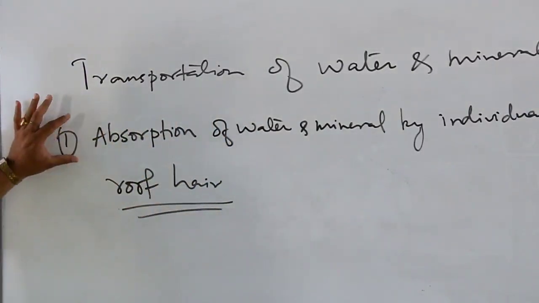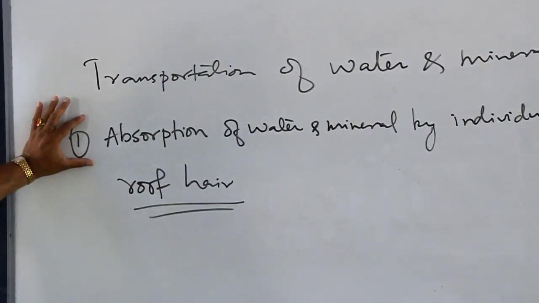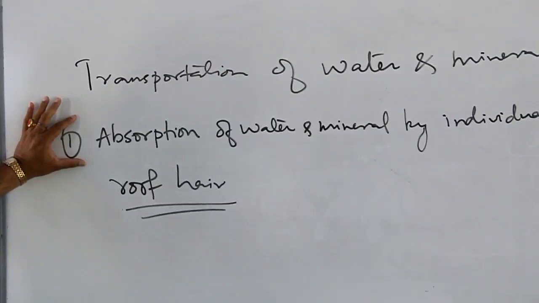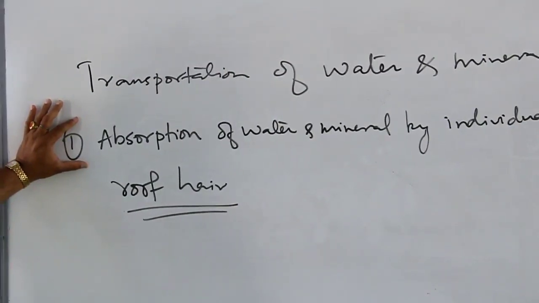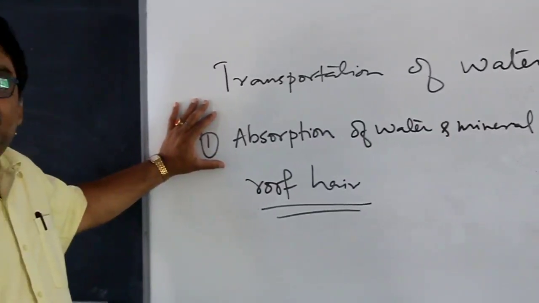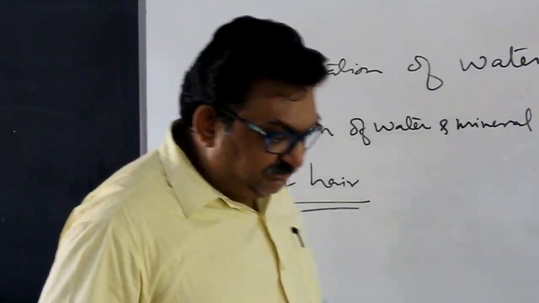Now, for this particular absorption of water and minerals by individual cells, which takes place through the root hairs, they have certain adaptations which help in performing these functions. Now, what are those adaptations? We will focus on those adaptations.